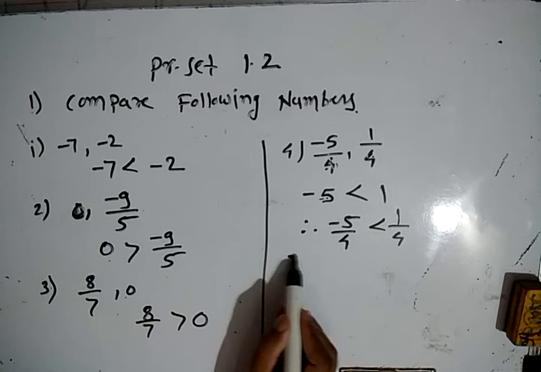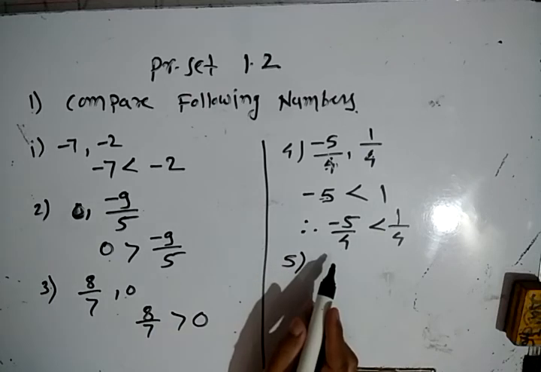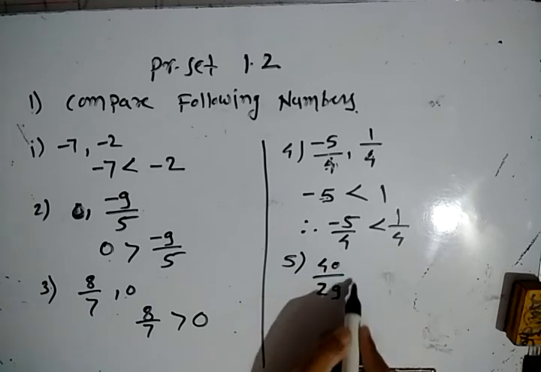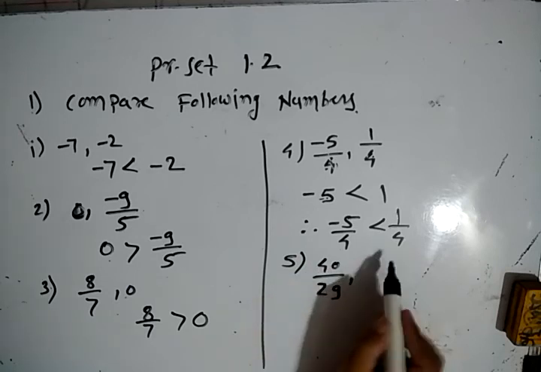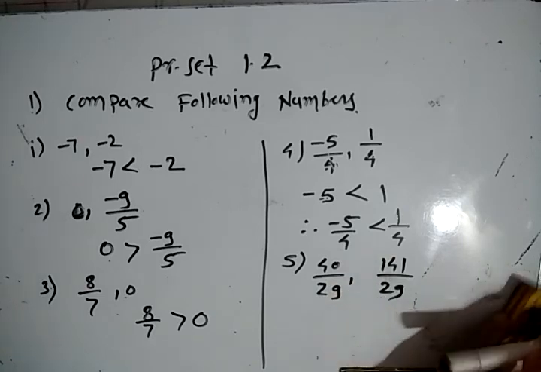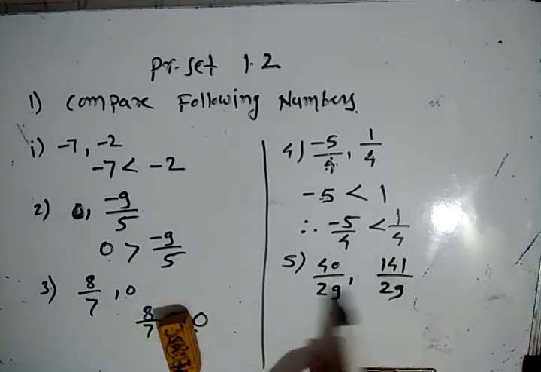Then fifth, 40 upon 29 and 141 upon 29. We can directly write: the denominators are same, so compare the numerators. Which numerator is greater? 141 is greater.